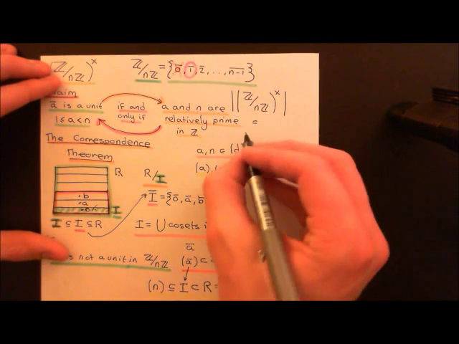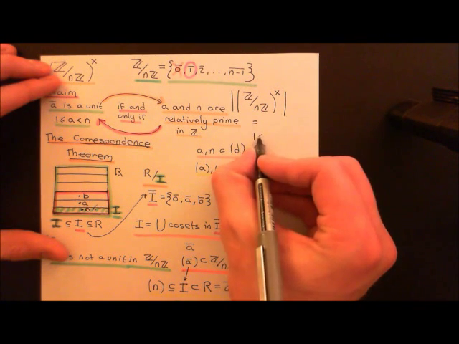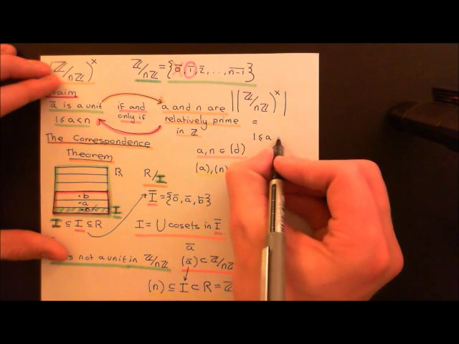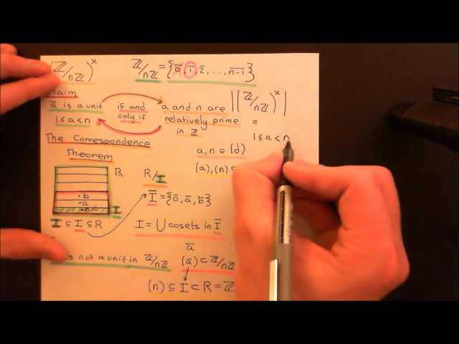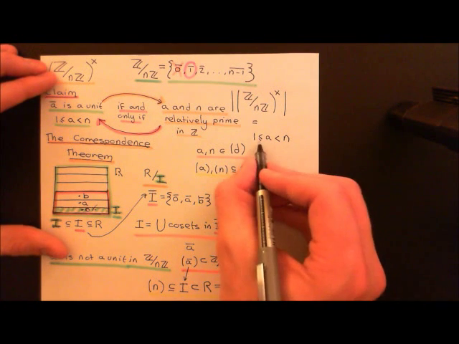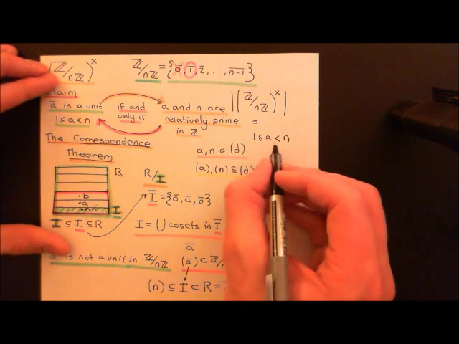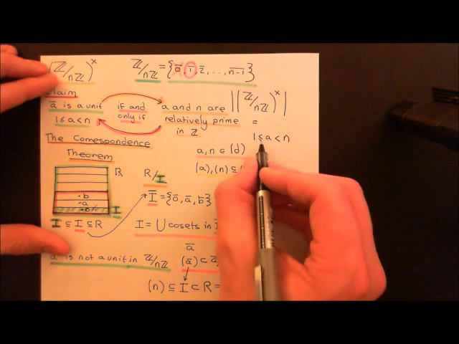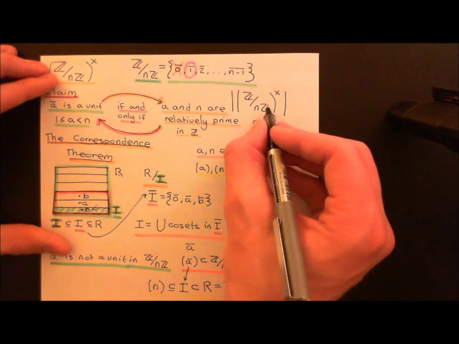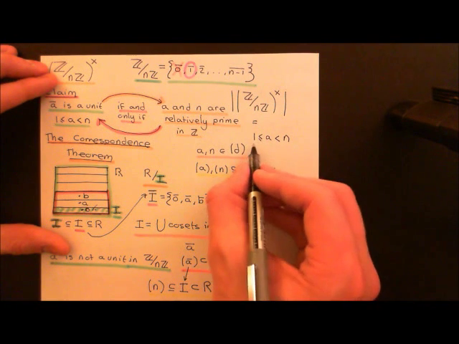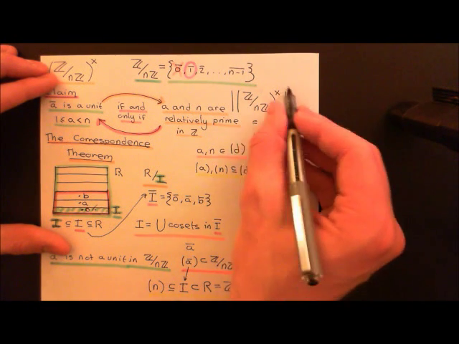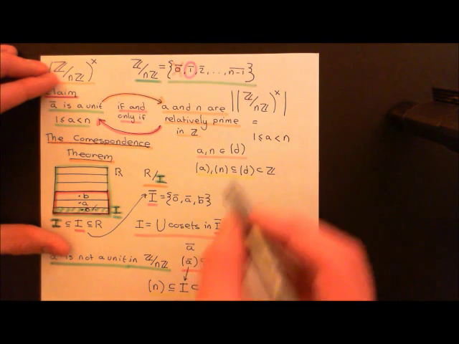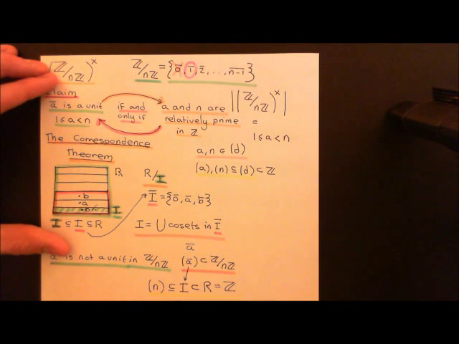To work this out, you go through all of the integers a that are greater than or equal to 1 but strictly less than n, and you ask, are they relatively prime to n? If the answer is yes, you add an extra 1 onto this sum that you're totting up. The final answer is how many elements you have in this group of units for the ring Z mod nZ.